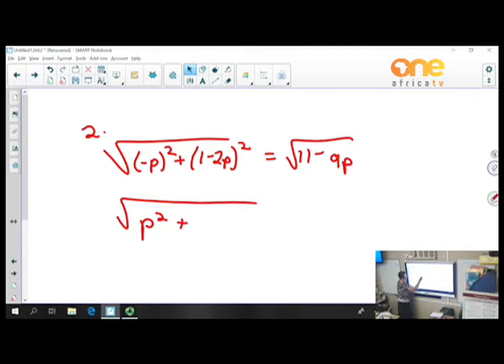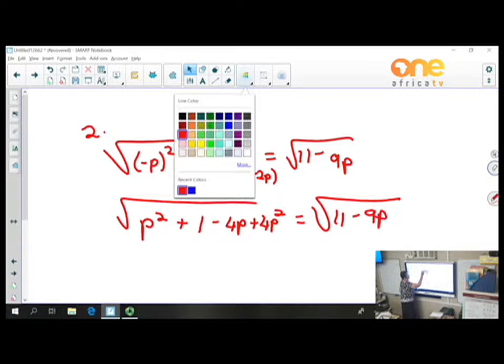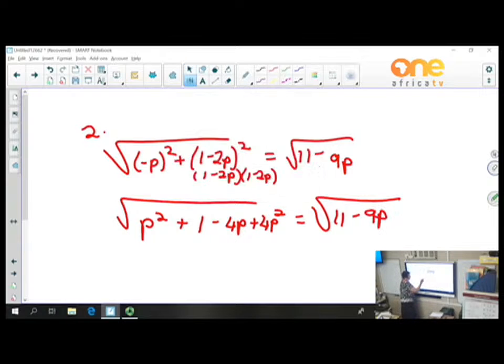Now remember, this is 1 minus 2p times 1 minus 2p. Don't be lazy here because you're going to miss the middle term. So it is then 1 minus 4p plus 4p squared, which is equal to the square root of 11 minus 9p. Now in a case like this, we can eliminate the roots here, so this can fall away because it's on both sides. You square it or you get rid of it.